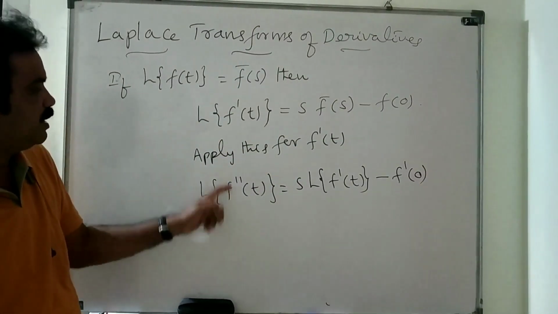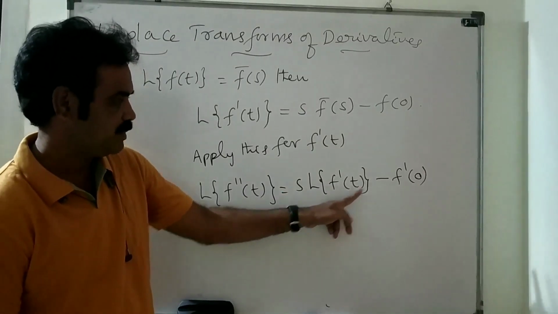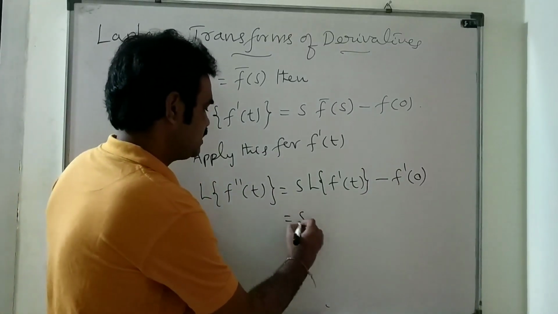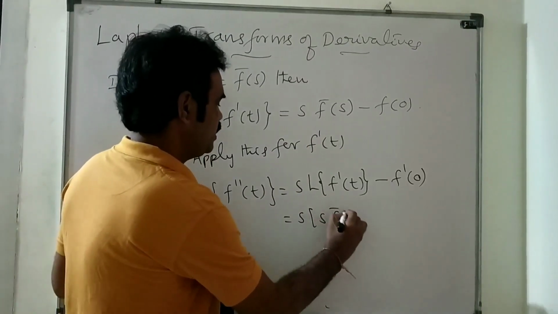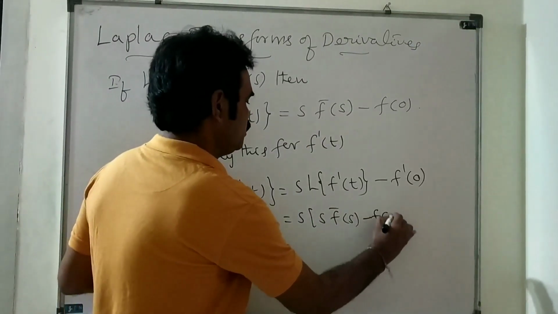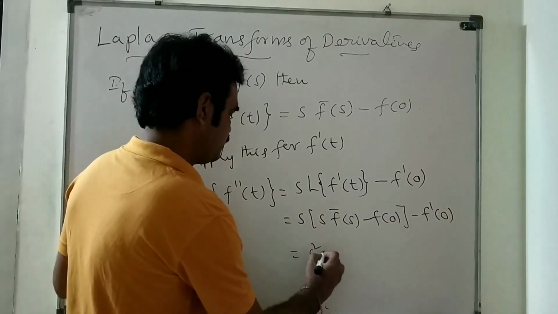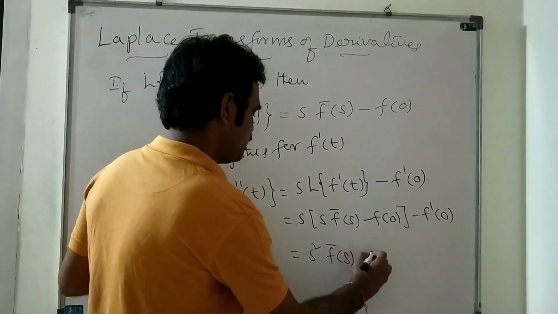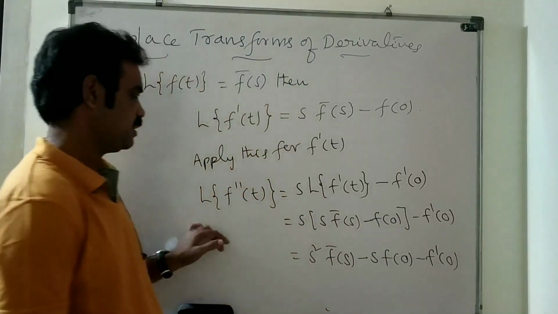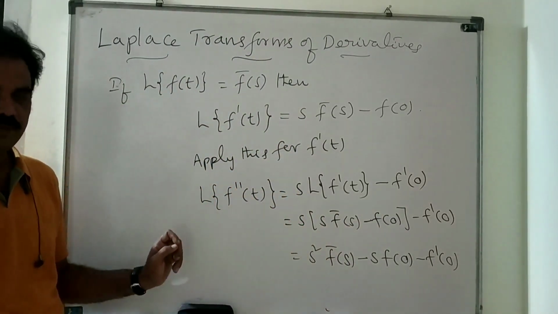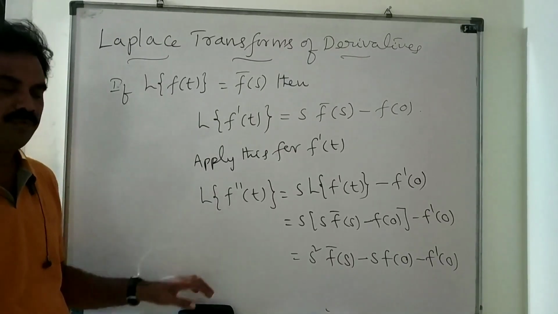This is equal to s into L of f dash t minus f dash of 0, and L of f dash t is s into f bar s minus f of 0, so we get s square f bar s minus s into f of 0 minus f dash of 0. This is the Laplace transform of f double dash of t. In general, we can find the Laplace transform of nth derivative of f of t.